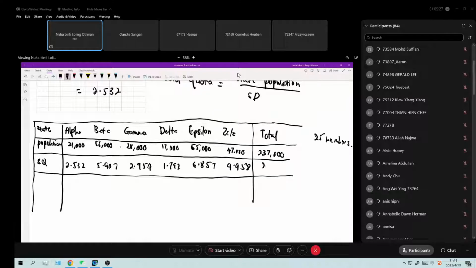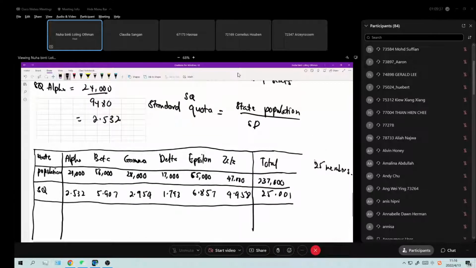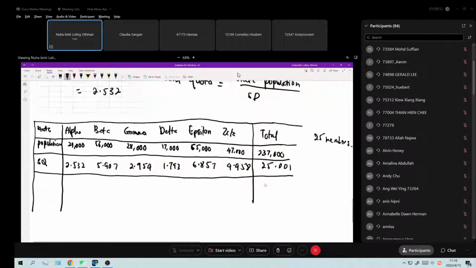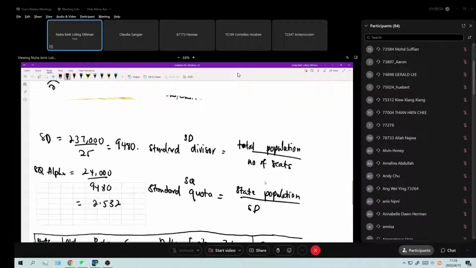So when you add up all these standard quotas, it must be equal to 25. Make sure that it is equal to the number of seats. There are 25 members, 25 seats, meaning that your standard quota must be equal to 25. Okay, so this is the first one. Now you have four methods in apportionment: Hamilton, Jefferson, Adams, and Webster methods.